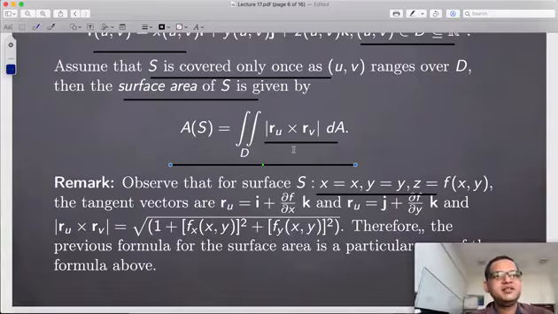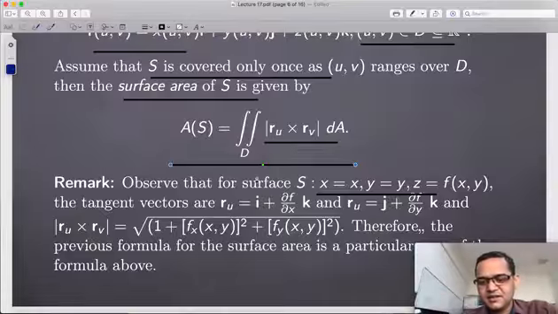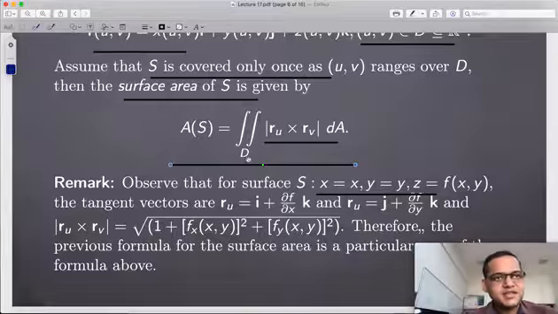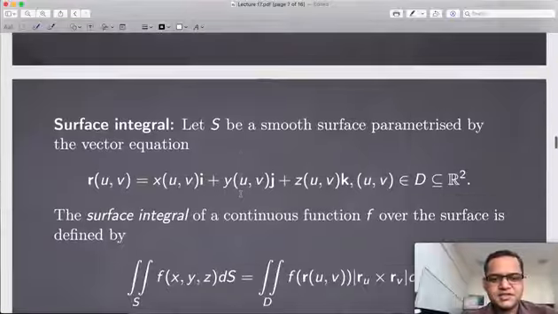Now once I know how to compute the surface area of a parametric surface, I can extend this definition to incorporate the surface integral, or I can define the surface integral of functions over these kinds of surfaces, like we did in the case of line integrals. But there are going to be some new definitions also.